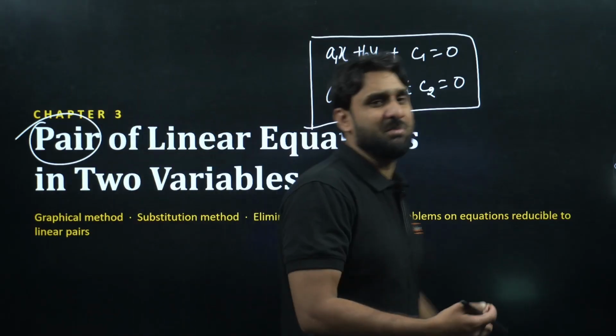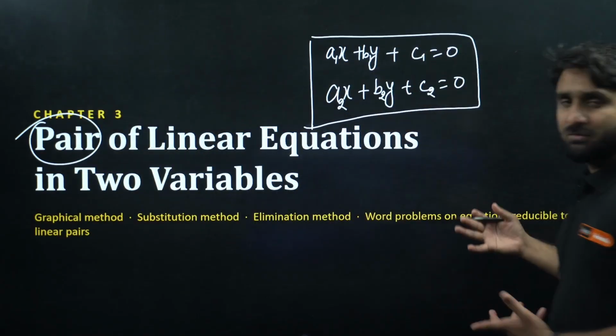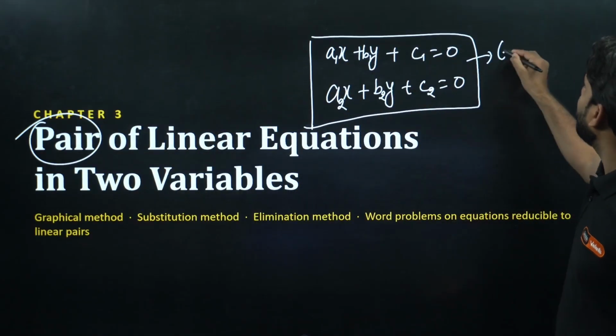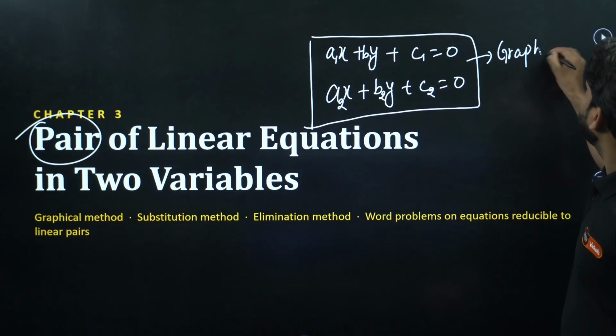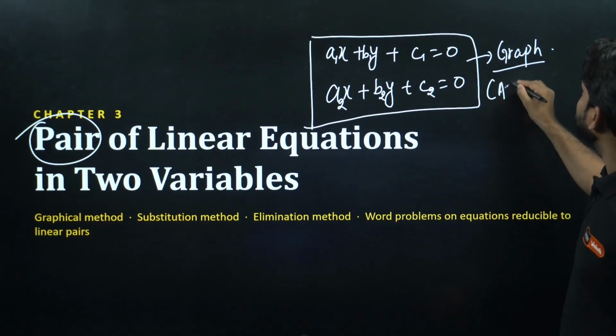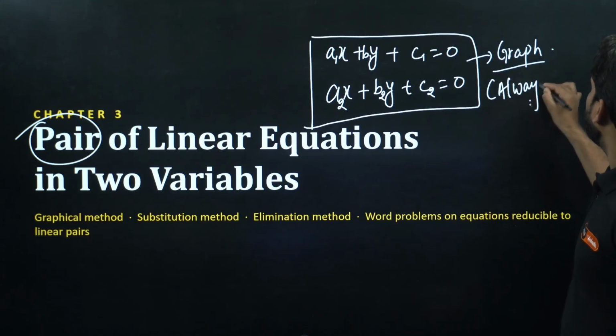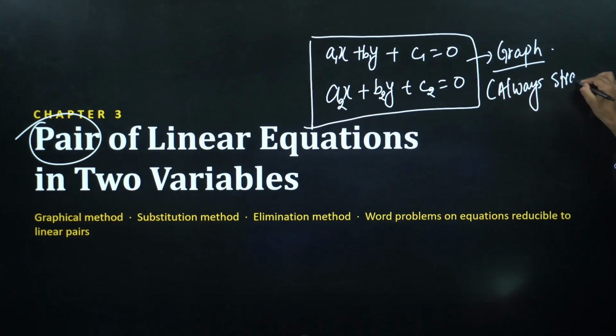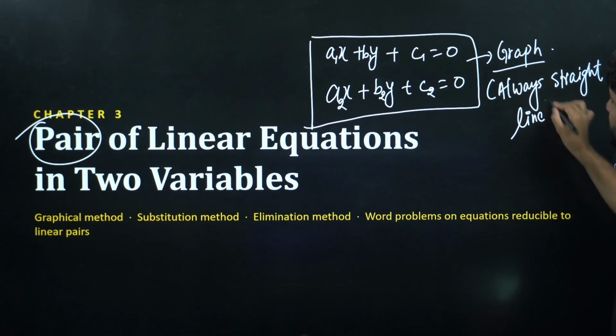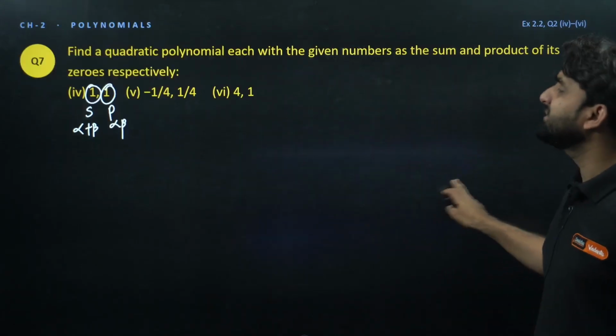And do you know, my dear champion, what linear equation means? If we draw the graph of a linear equation, it always gives you a straight line. Please keep this in mind, because the name is linear. Linear means straight line.